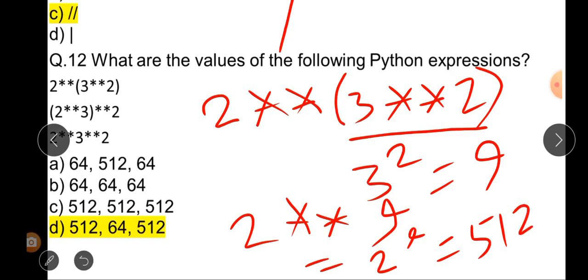Now as you can see in the different options, only C and D contain first value 512. So either C is true or D will be true. So let us check the second value.